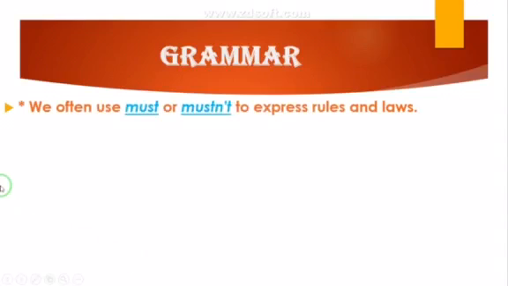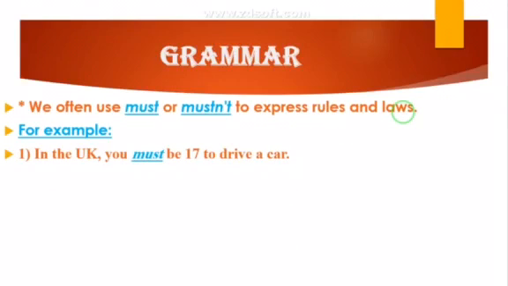We often use must or mustn't to express rules and laws. For example, in the UK, the United Kingdom, you must be 17 to drive a car.